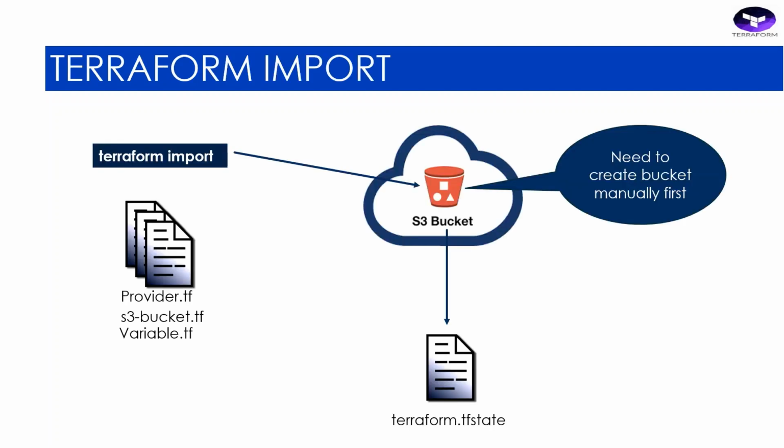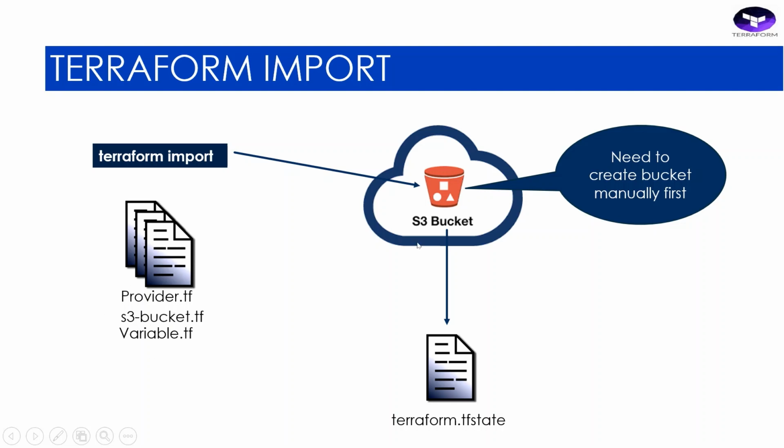Just to understand at a high level what we are going to do, we will perform the terraform import command. Firstly we'll create an S3 bucket manually by logging into the AWS console, and then we'll configure the provider, S3 bucket and variable.